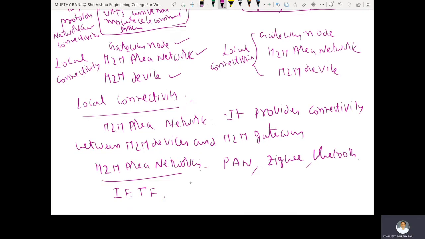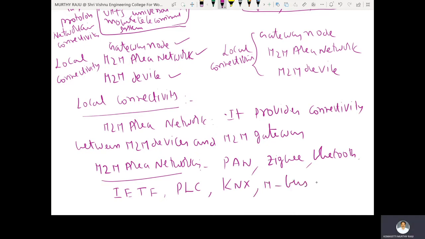Other local networks such as power line communication, PLC, KNX, M-Bus.